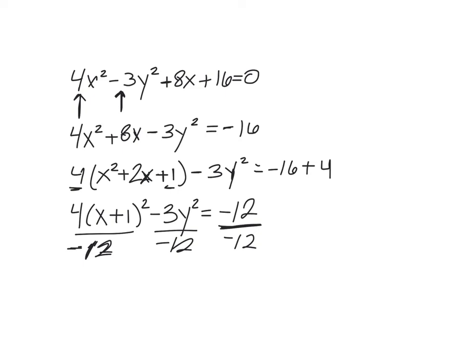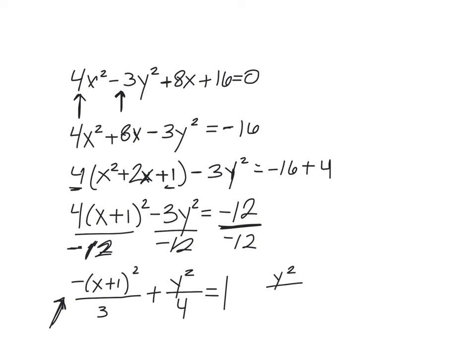So this will now be negative x plus 1 squared over 3 plus y squared over 4 equals 1, and we're almost done. We usually don't write the negative term first. So we're going to switch these around and say y squared over 4 minus x plus 1 squared over 3 is equal to 1.